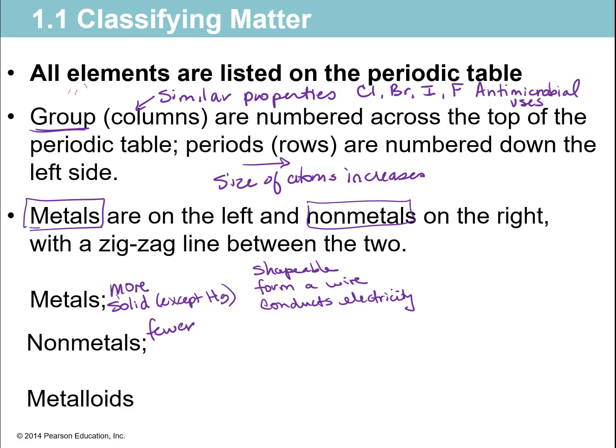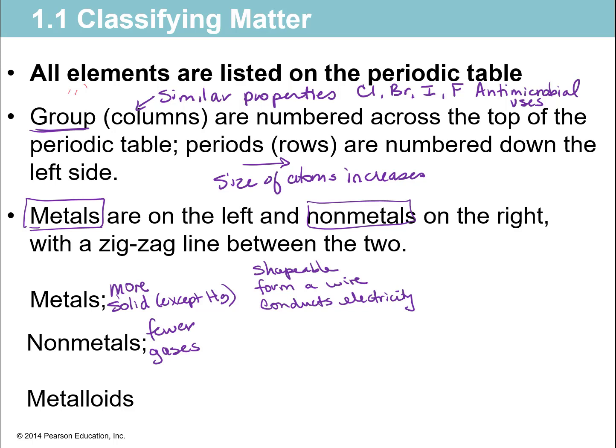Nonmetals, which are much fewer, and if you look at the zigzag line on your periodic table, you'll see most of those are what? N, O, F, Cl, He, Ne, Ar, Kr, Xe and Rn. They're all what? The majority of them are gases. There are some exceptions. Carbon is an exception. Silicon is an exception, phosphorus and sulfur. So there are some exceptions.